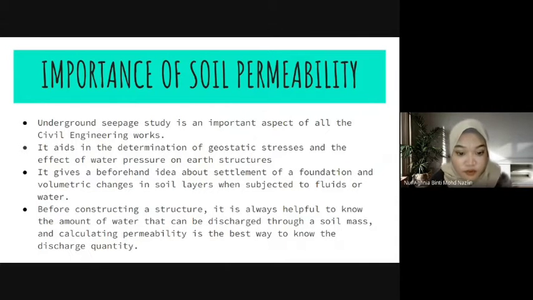Next, it gives a beforehand idea about settlement of a foundation and volumetric changes in soil layers when subjected to fluids or water. And lastly, before constructing a structure, it is always helpful to know the amount of water that can be discharged through a soil mass, and calculating permeability is the best way to know the discharge quantity.